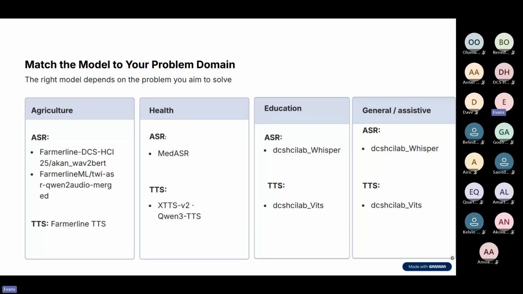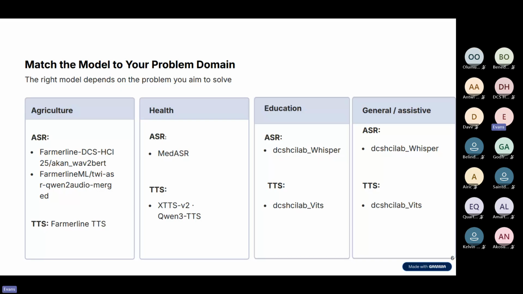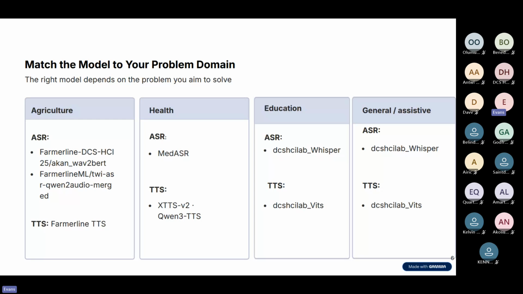So the point I'm trying to draw here is you don't want to choose a model that doesn't work for your use case, right? So I'm letting you know that there are different models for different use cases.